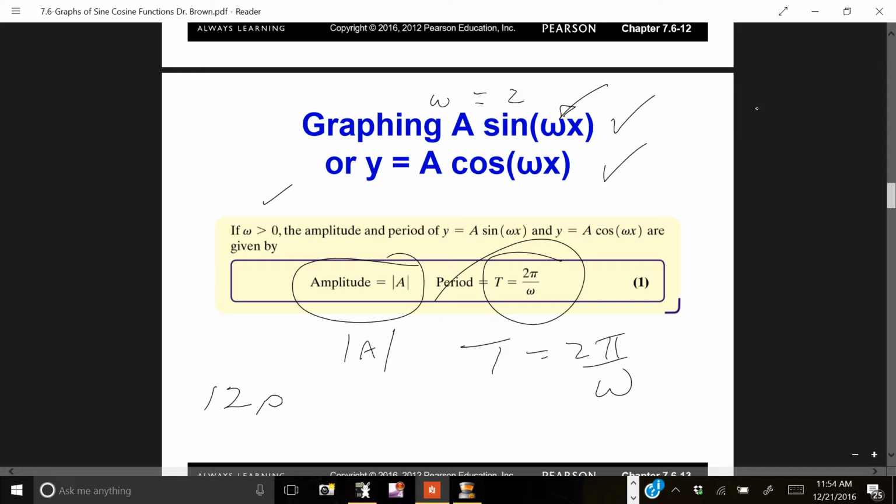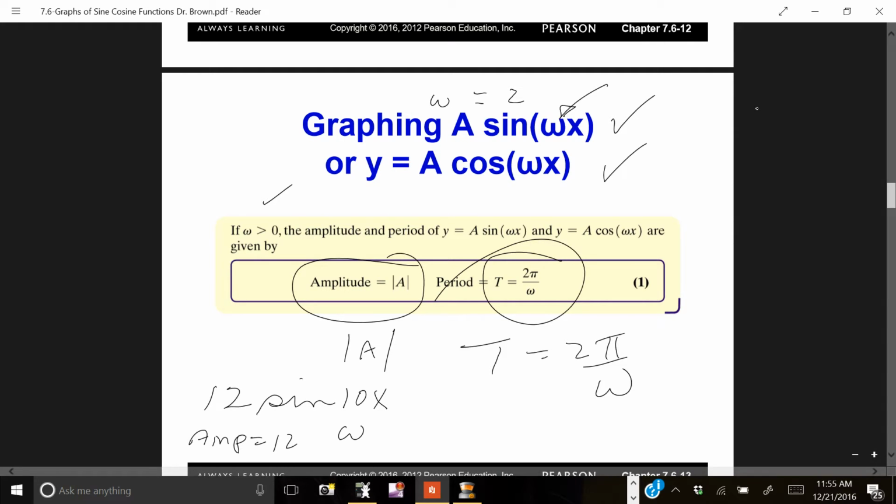So, for instance, if we had 12 sine of 10x, notice omega's 10, and the amplitude is 12.